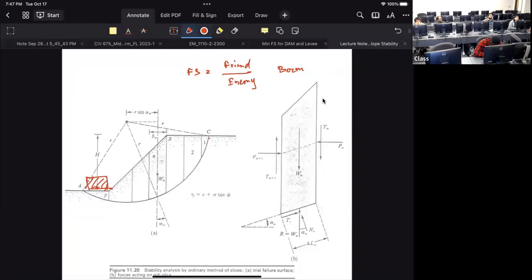Like we segregate the slope into two or three parts. No, that's not a berm. Like one slope goes to a certain height and then the horizontal. That's the staging.